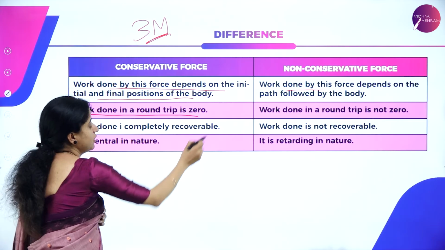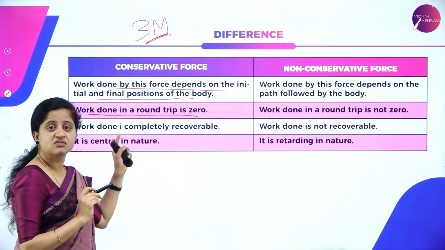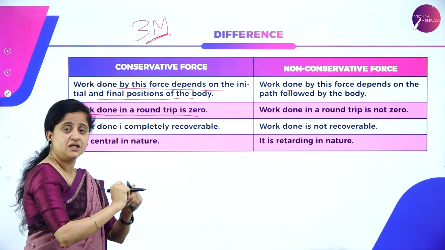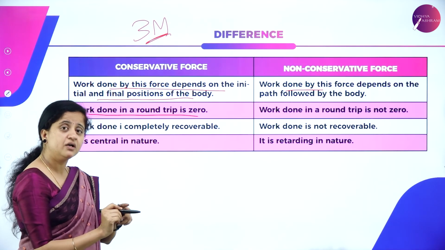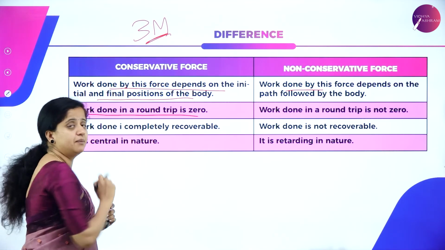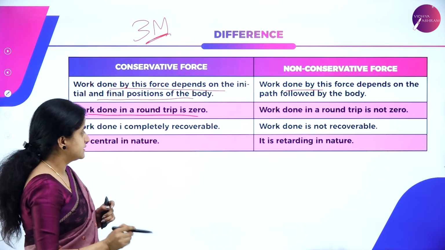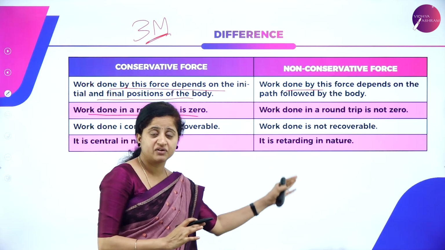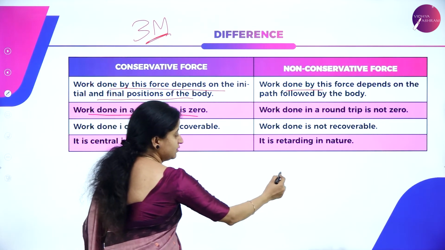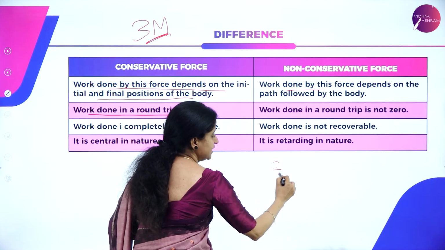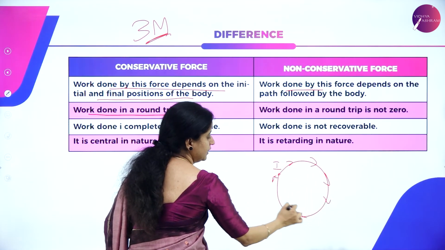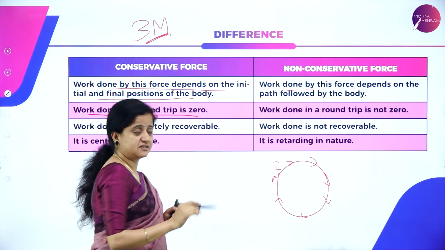The work done in a round trip is 0 in the case of conservative force, because it depends only on the initial and final positions. It doesn't depend on the path followed, and hence in a round trip, the work done is 0. The work done in a round trip is not 0 in the case of non-conservative force, because it doesn't depend only on the initial and final positions, it also depends on the path followed, and hence it is not 0.